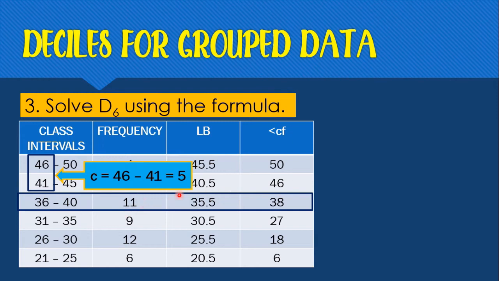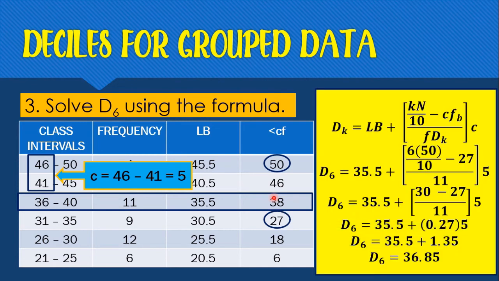The lower boundary is 35.5. Our N again is 50. And the less than CF, instead of having 38, since we are finding the cumulative frequency of the class before the D sub K class, so we have 38 here, its less than CF before will be 27.